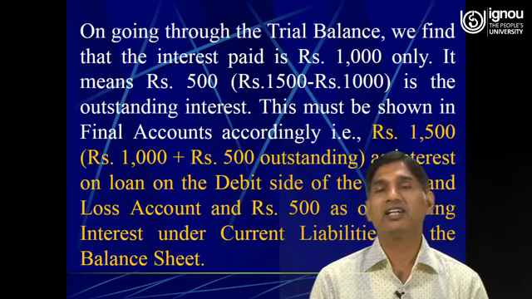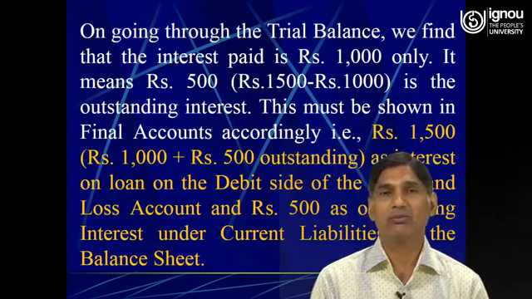Therefore, any expenditure we have incurred during the financial year and has not been met so far is called outstanding liabilities. So this interest of rupees 500 on loan, which has not been paid by the end of the financial year, will be treated as a liability, and it will be shown on the liabilities side under the head current liabilities.